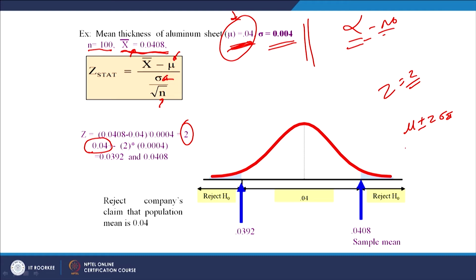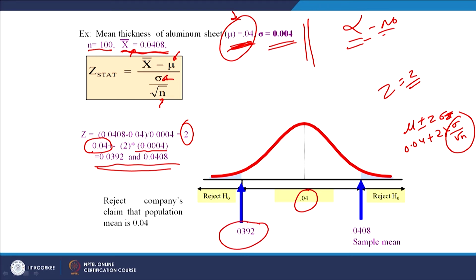Mu is 0.04, plus z, which is 2, into the standard error of mean. This is sigma by root n, so this becomes 0.0004. When you multiply it by 2 and calculate the range, this is your hypothesized population mean, this is the lower limit and this is the upper limit.